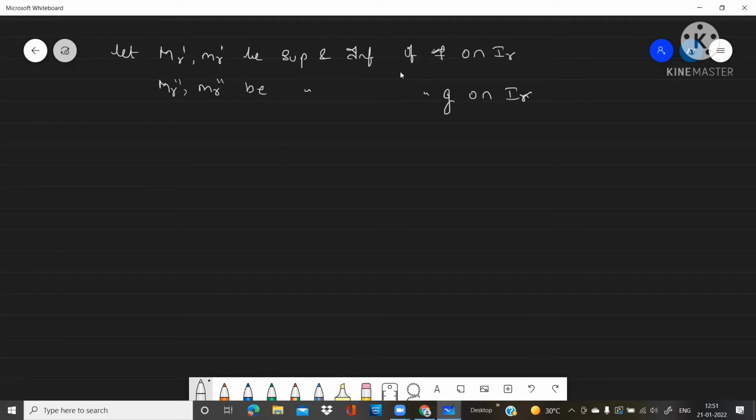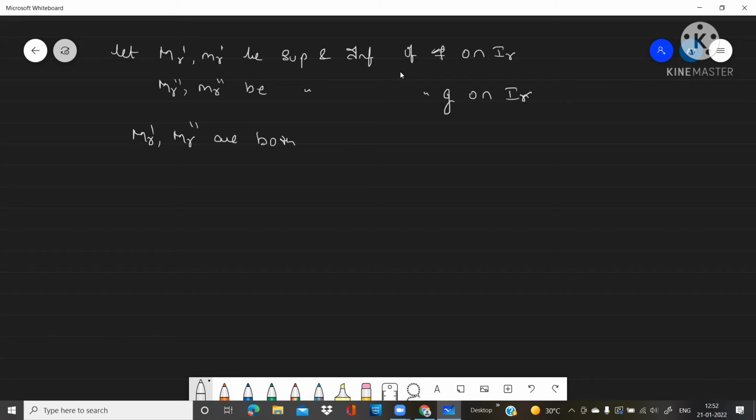Next we have to talk about both functions, f and g. So what will the supremum be? MR dash and MR double dash are both talking about the capital M's. So what are they?